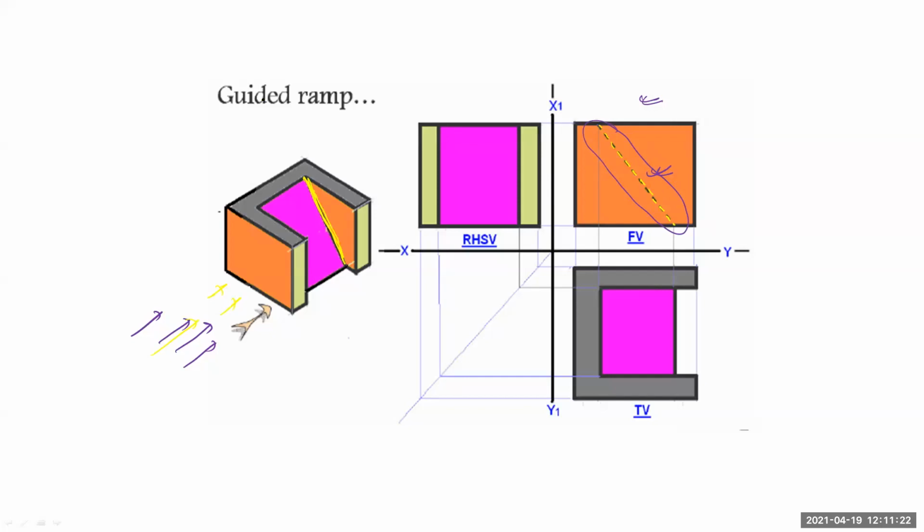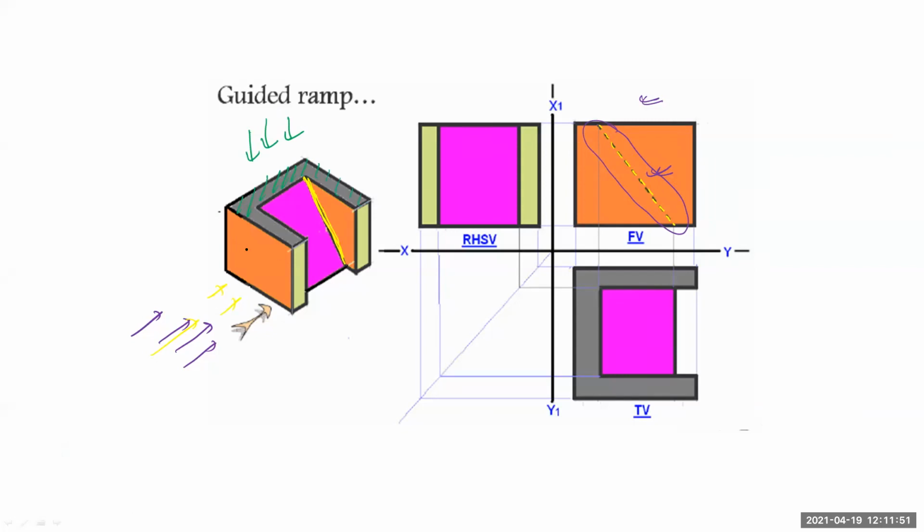If in your examination a component is given and you are asked to draw the projections, then how will you draw it? If you are looking at this object from the top view, the top side, you can see this gray color portion.